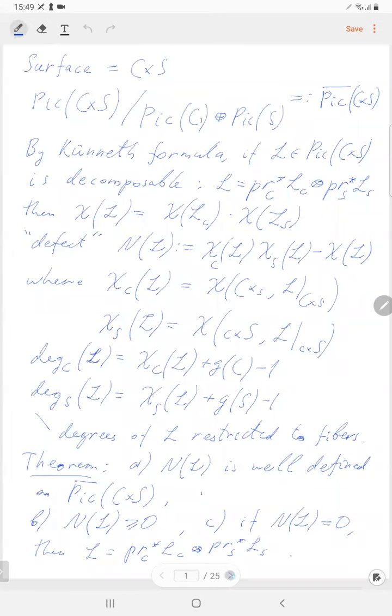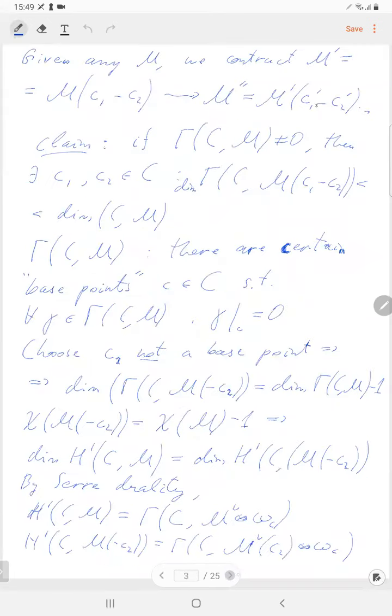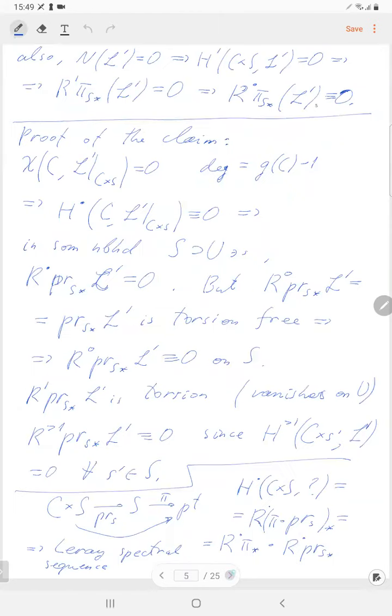Okay, so that's what remains, and we already know that if our defect form is 0, then our sheaf L prime is, so to say, very acyclic.